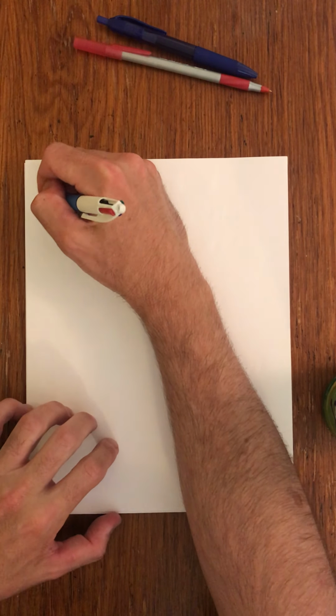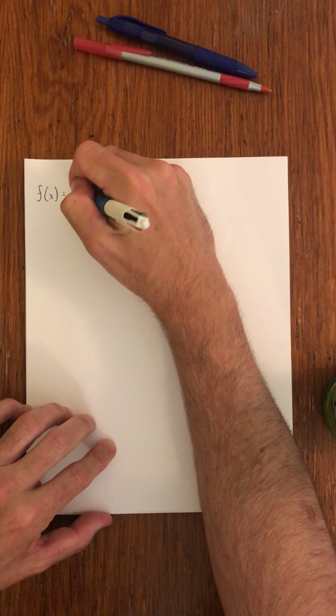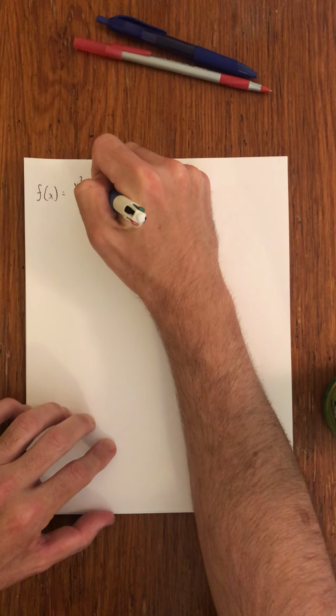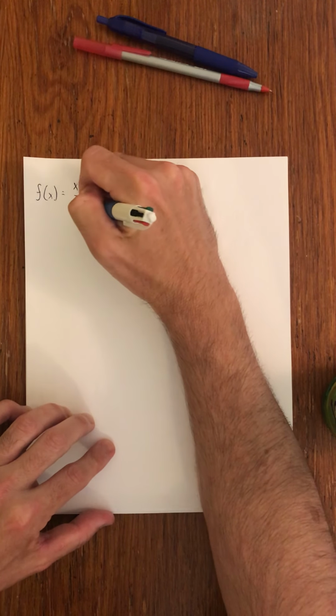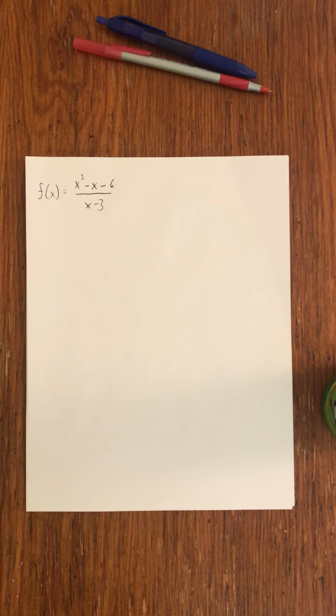But then sometimes nature is not as kind to us. For example, let's say we have f of x is equal to x squared minus x minus 6 over x minus 3. Okay. So take a minute, take out your TI-89, graph that function.